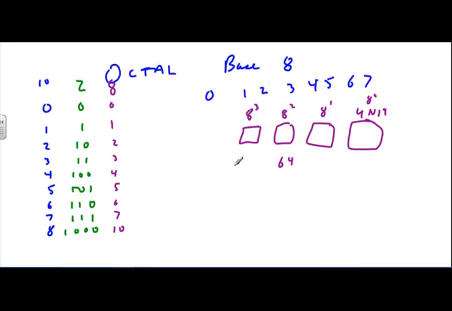Anybody know what 8 cubed is? 512? All right, well, we'll believe you. No, we won't. 8 times 8 times 8. Yep, 512, that's right. So that's the 512's place. And then we've got the 8 to the 4th place, times 8 again: 4,096. All right, that's cool. Hope I remember that long enough.